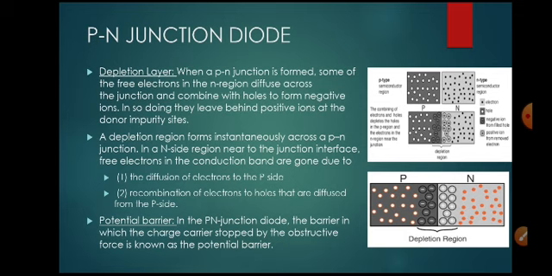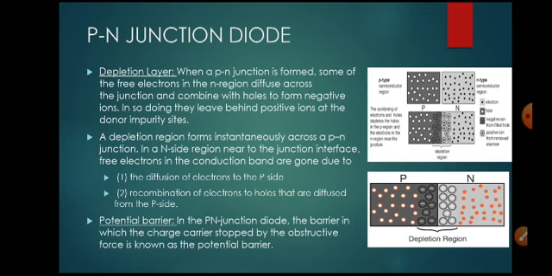So the depletion layer is a region where the positive charge carriers are accumulated near the n-type semiconductor, and the electrons or negative charge carriers are accumulated in the p region.